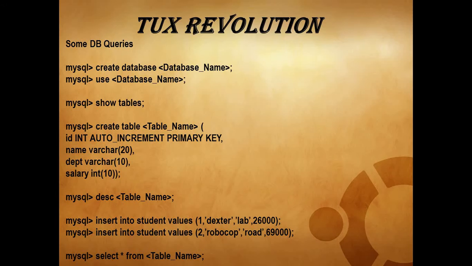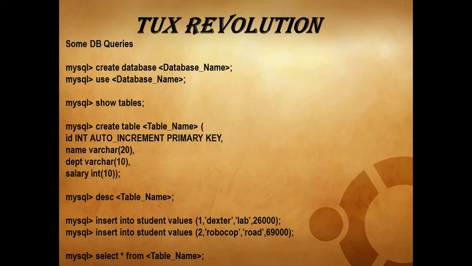Now this is a fresh installation, so there are no tables in the database, so you have to create one table. Let's follow this command: create table space table name, then open parenthesis, id space integer, that data type is integer, auto_increment means it will be incremented automatically by 1, and then primary key, which means there is no duplication, and you cannot keep it blank.